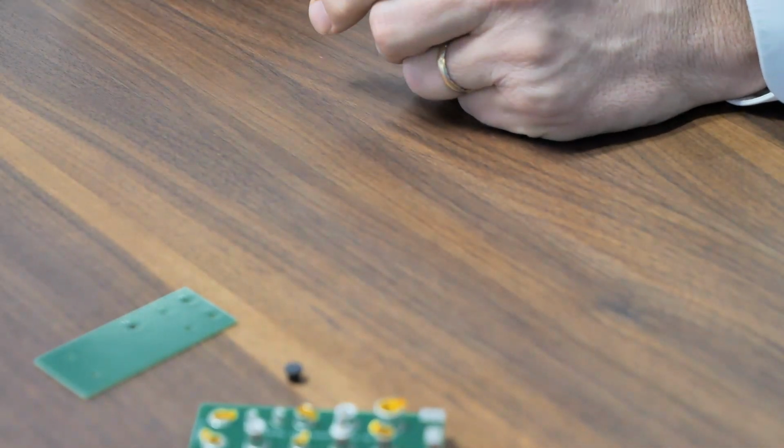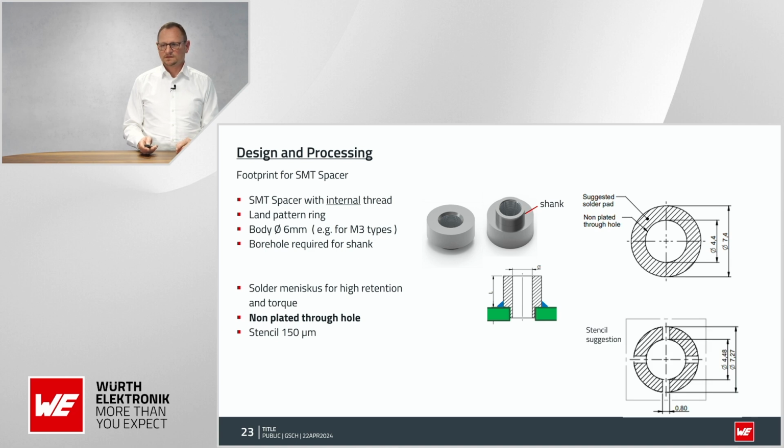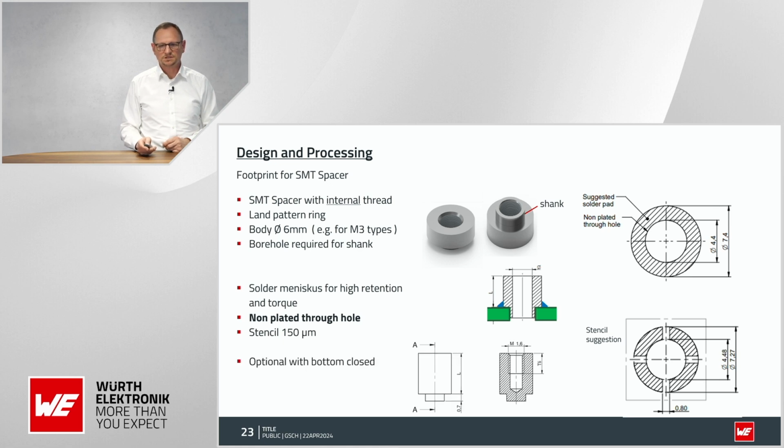So that's a big difference and a big advantage, of course. Non-plated through hole, also important here. Stencil is about the same. Here the stencil suggestion comes with each data sheet, of course. And also you get them optionally with a bottom closed.